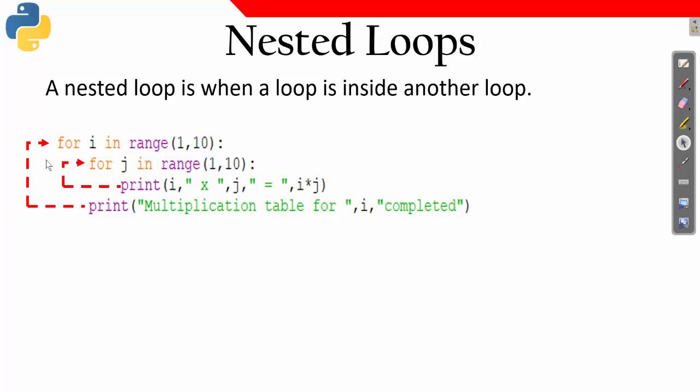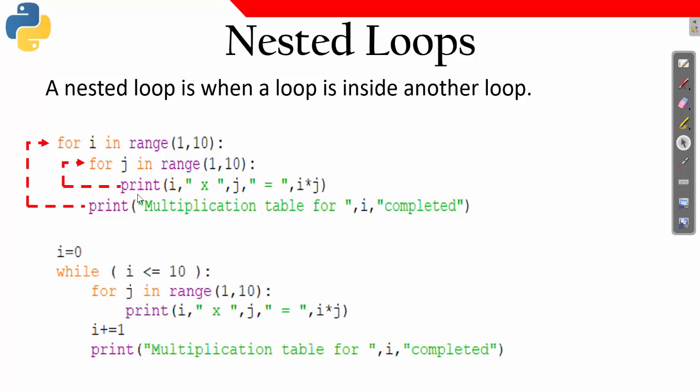You can see here, this print statement is a part of this for loop, and these three statements are a part of this for loop. Whenever j increments, this statement will be printed. When the next i value increments, these three statements will be printed. Under a while loop also I can write it in the same fashion. Okay.